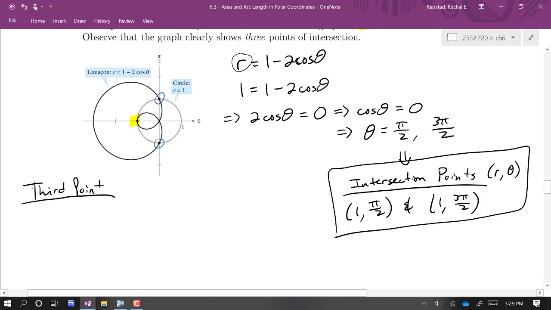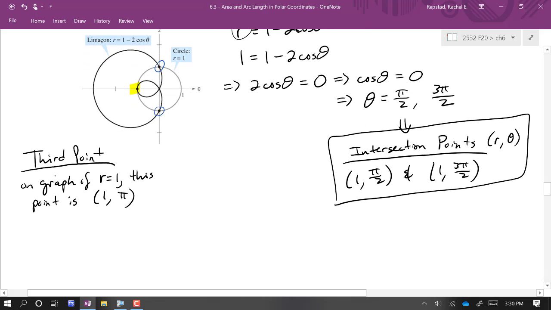That third point, on the graph of r equals 1, that occurs when theta is pi. So this point is 1, pi. And we could see it's definitely a point on the graph of 1 minus 2 cosine theta, but it occurs at a different angle.